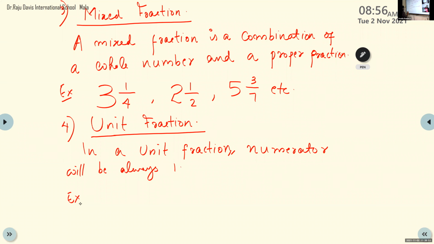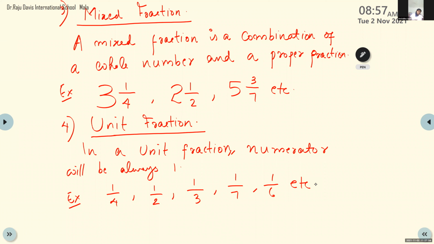Example, 1 by 4, 1 by 2, 1 by 3, 1 by 7, 1 by 6, 1 by 15, 1 by 9, etc.